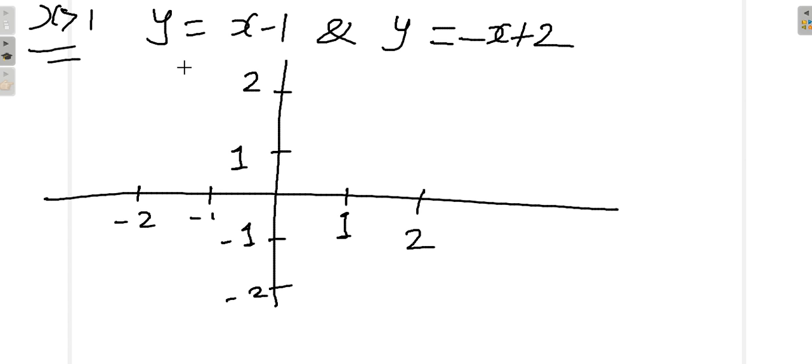Approximately, x equal to 0, y is minus 1, and when y is 0, x is 1, but we want the graph for x greater than 1, so we will consider only this.